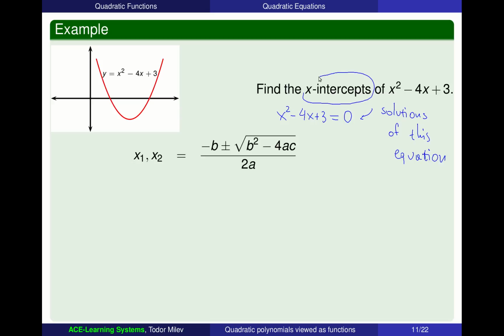Asking you to find the x-intercepts of a function is just a fancy way of asking you to solve this.